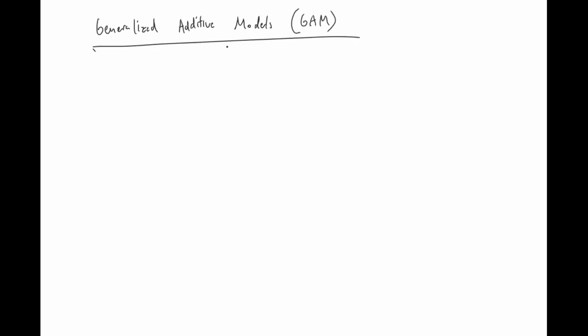And so there's this class of models known as generalized additive models, also known as a GAM. So this maintains some interpretability by additivity of terms.